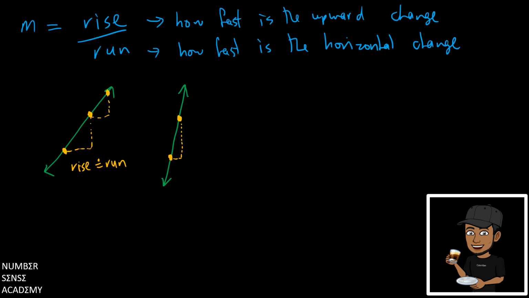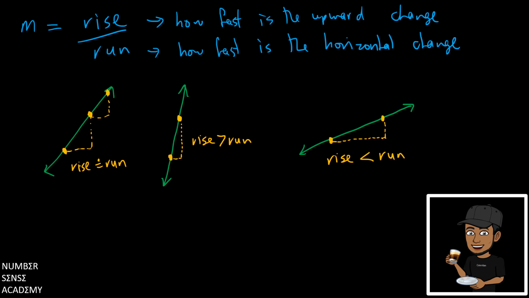In this case, the rise is much greater than the run. Okay? And another example, if I was to do this, and I want to go from this point to this point, then because it's sort of flat or it's not as inclined, I'm going to do a lot of horizontal movement and then a small amount of vertical movement. So this is telling me that the rise is less than the run.